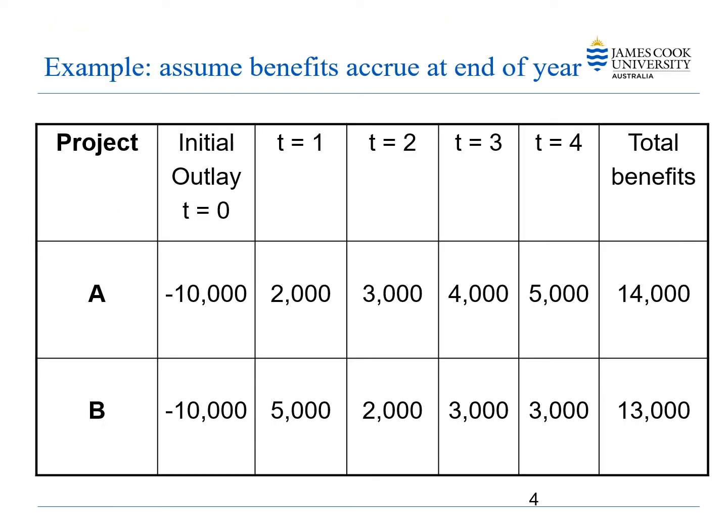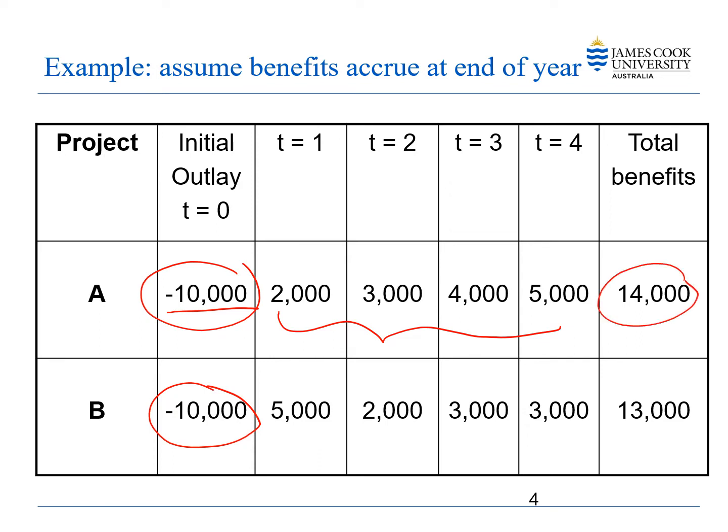Let's look at an example. Suppose we have two projects, A and B. Project A has an initial $10,000 cash outflow, and project B is similar, so they have the same initial investment. The cash inflows for project A are 2,000 in year 1, 3,000 in year 2, 4,000 in year 3, and 5,000 in year 4, totaling 14,000.